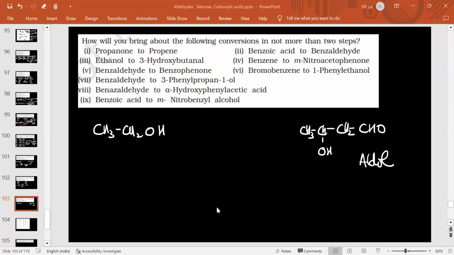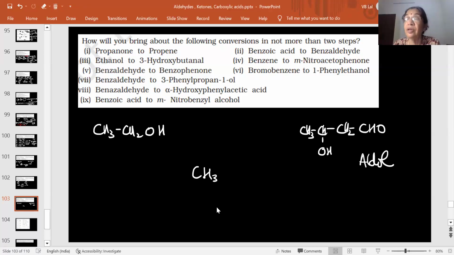Cross-aldol condensation. Yes. How do you make aldol? If the aldol has 4 carbon atoms, the aldehyde should have 2 carbon atoms, right? And from here, you react with dilute NaOH to get the aldol, right?